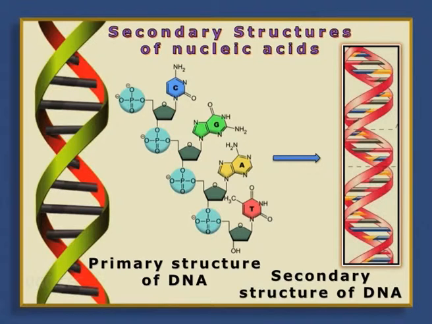Now, what do we see? We see that the secondary structure of nucleic acid, commonly known as the DNA double helix, consists of 2 polynucleotide strands. The 2 polynucleotide strands are wound around a common helix axis to form a structure that resembles a spiral staircase.